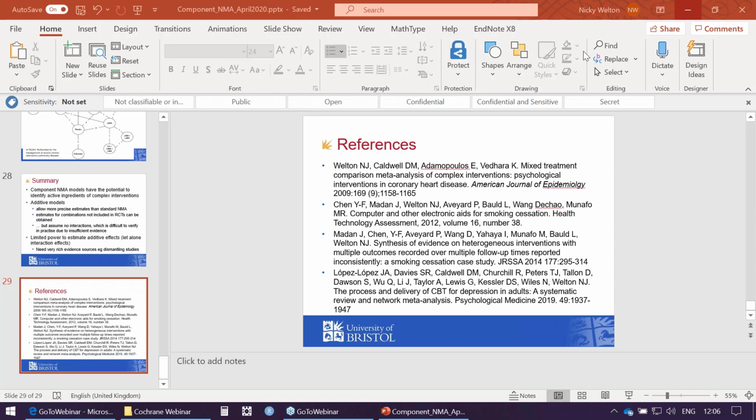It isn't just how many studies. It's where those studies are and what comparisons they're making that's important. So it's a much more complicated answer than just how many studies. It's all to do with the structure and the comparisons being made. My experience so far is empirical, and in practice a lot of the time there isn't enough richness of the data, but I'd like to explore that further with simulation work.